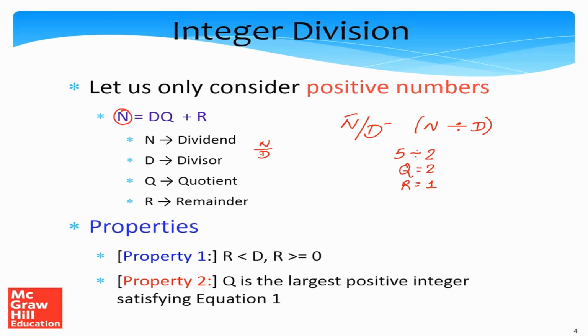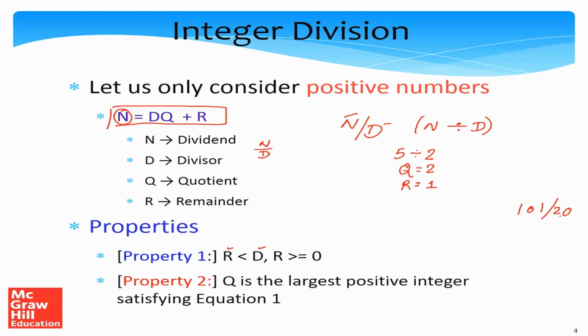Now, let's take a look at some properties in this equation, n equals dq plus r. One property is that the remainder has to always be less than the divisor. The reason is that otherwise, the division is wrong. For example, if I divide 101 by 20, the quotient cannot be 4 and the remainder cannot be 21.